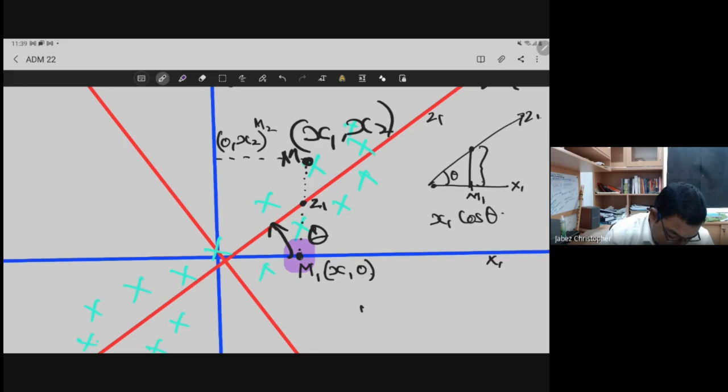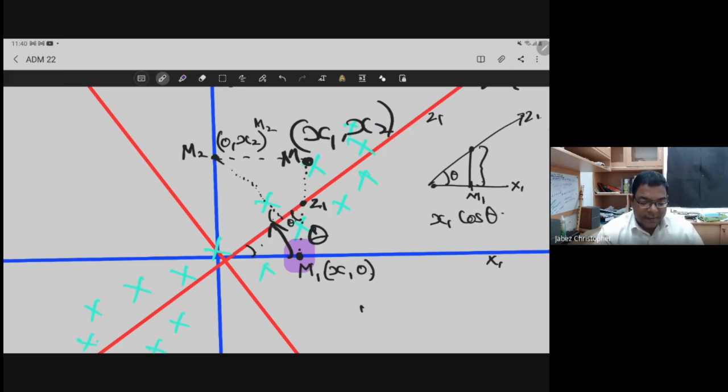This is m1, right? And likewise, you have m2 over here. Projection of m2 on z1. If this is theta, this is also going to be theta because they are opposite angles.